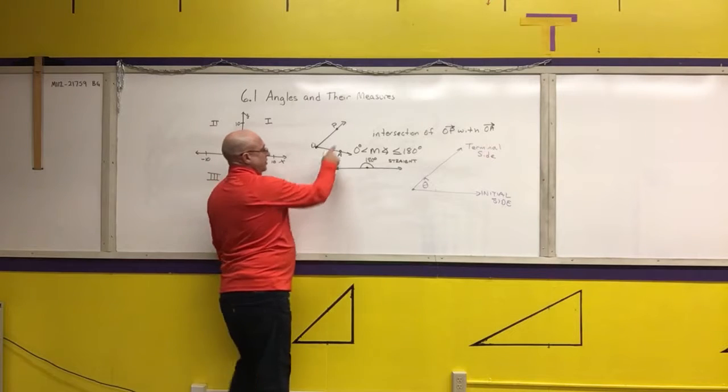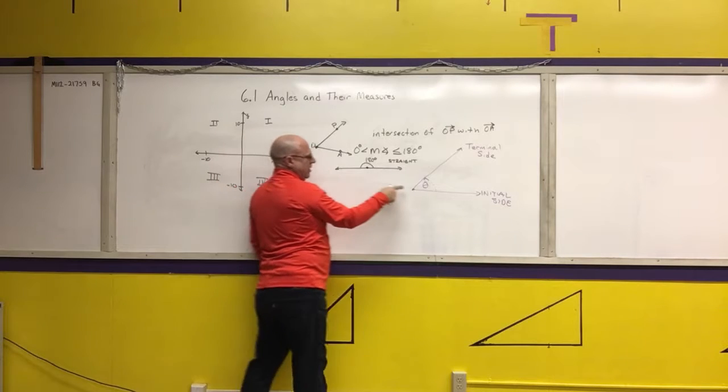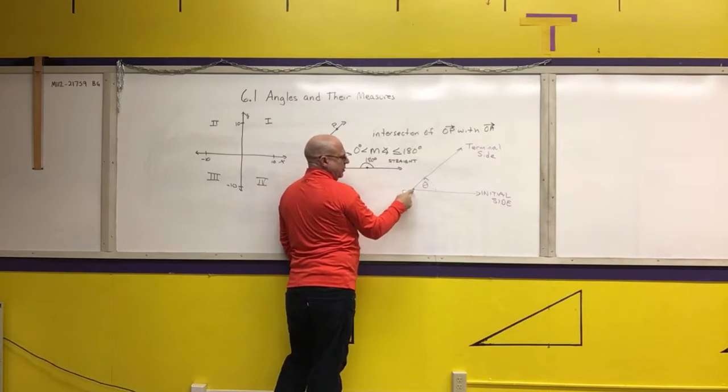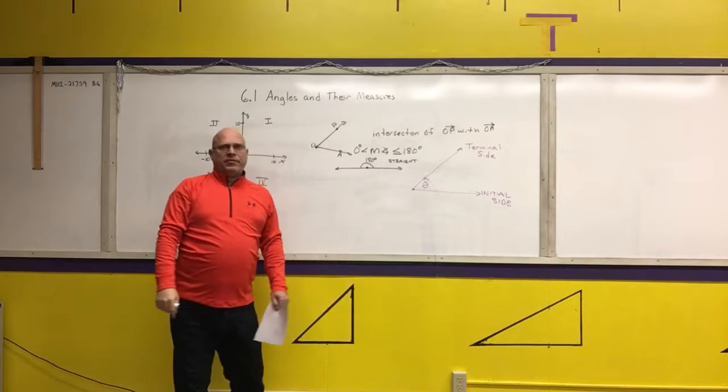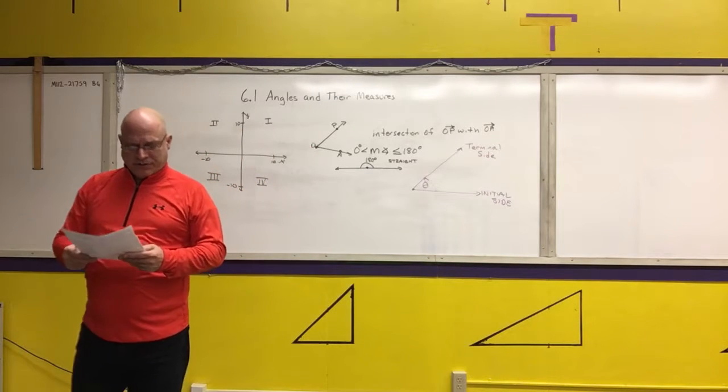Again, just like my geometric interpretation, there is a vertex of the angle where the two rays intersect, and the fixed point of rotation in my trigonometric view of an angle is where the vertex of the angle is.